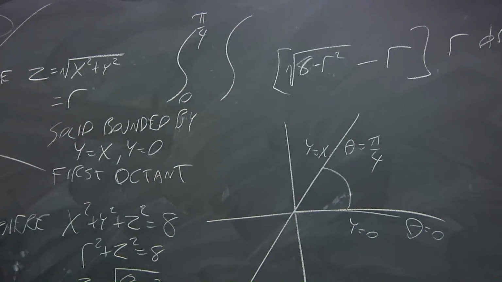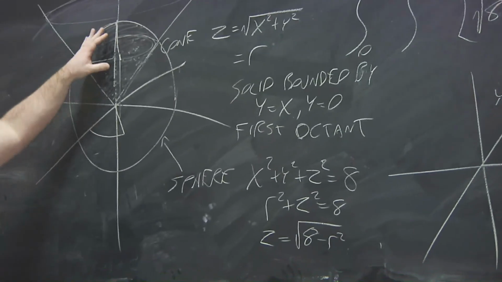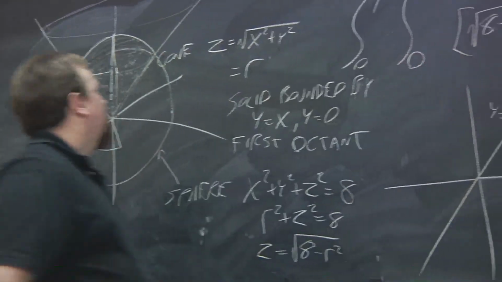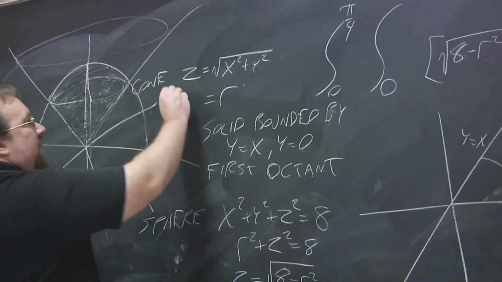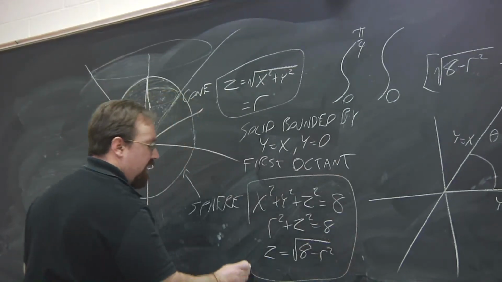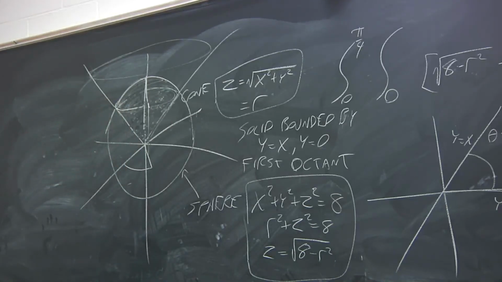But what remains is the limits in terms of r. So we have to be careful about that. We know that we're starting with r equals 0. But we have to be mindful of when this surface and this surface intersect.